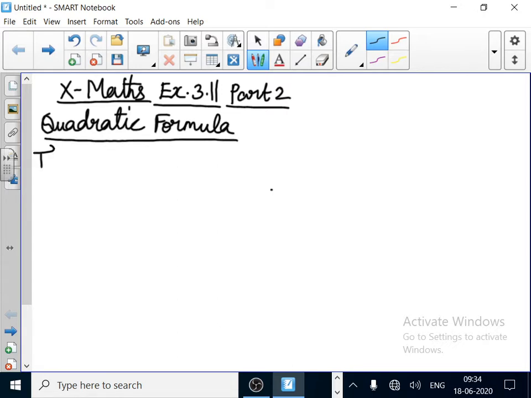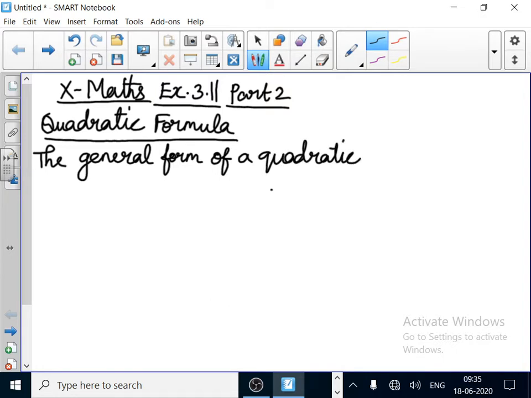The general form of a quadratic equation is ax squared plus bx plus c equal to 0, where a is not equal to 0.